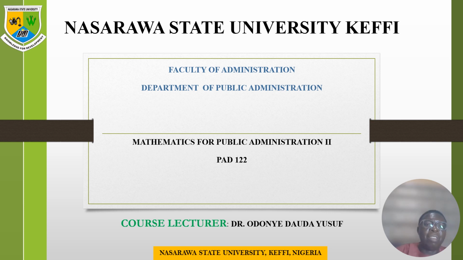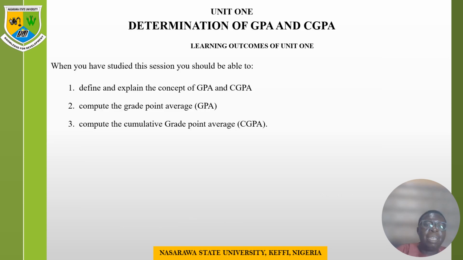So the course has the following outline. One is to define and explain the concepts of GPA and CGPA, and also to aid you in computing the grade point average, which is GPA, and so also enable you as a student to compute the cumulative grade point average in relation to your results.